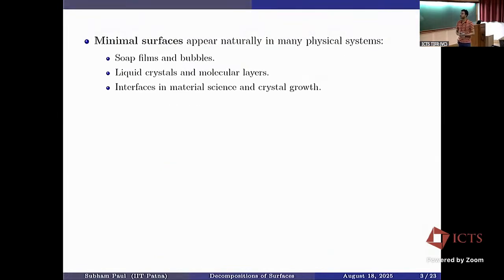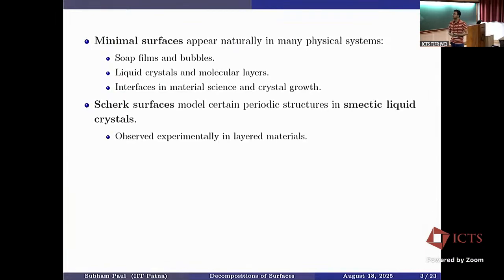Okay, so first of all, minimal surfaces appear everywhere. Naturally, they appear in many physical systems like soap films and bubbles, also in liquid crystals, molecular layers, interfaces in material sciences, and crystal growth. Especially for this talk, it's important to understand the Scherk surface, which appears in symmetric liquid crystals. These were observed experimentally.